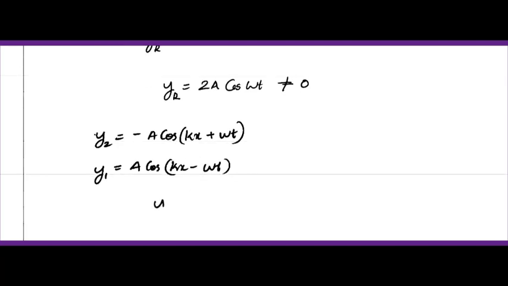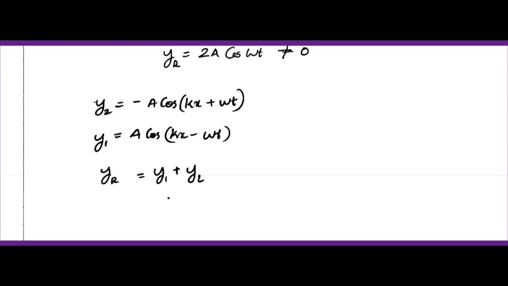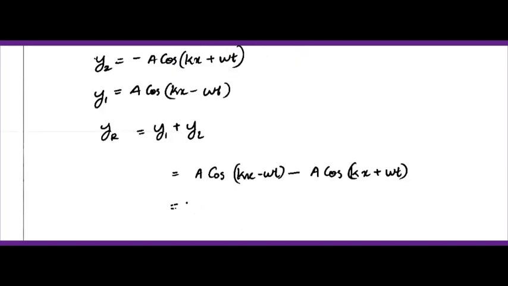Their resultant will be y1 plus y2, that is, y resultant equals a cos(kx minus omega t) minus a cos(kx plus omega t), and this is also in the form of a trigonometric equation. Their resultant yr will become 2a sin kx cos omega t.